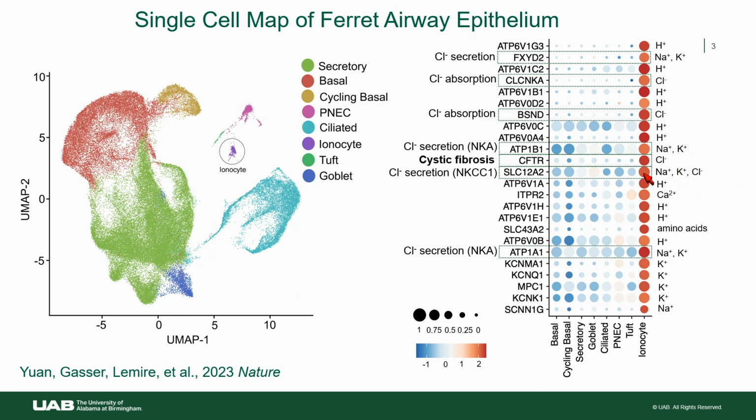And not surprisingly, we found the cystic fibrosis gene CFTR is highly enriched in pulmonary ionocytes, along with many other chloride absorption and secretion transporters, such as CLCNK, BSND, which is involved in chloride absorption, and other chloride secretion genes like SLC12A2 and ATP1A1.